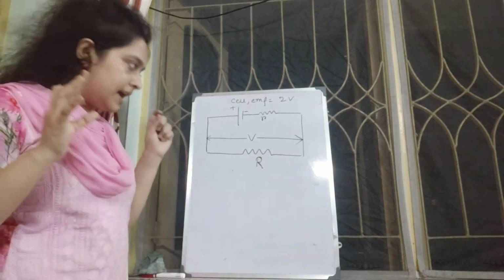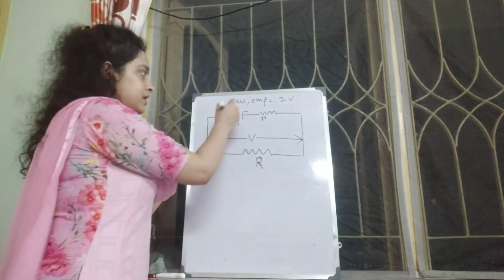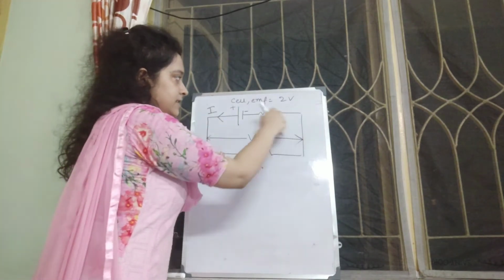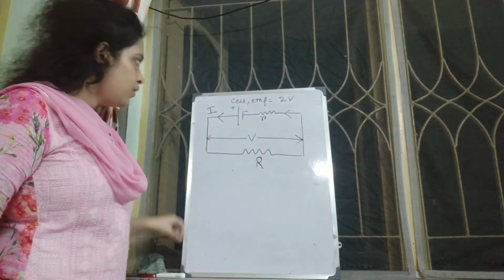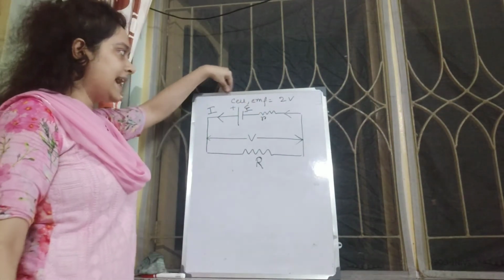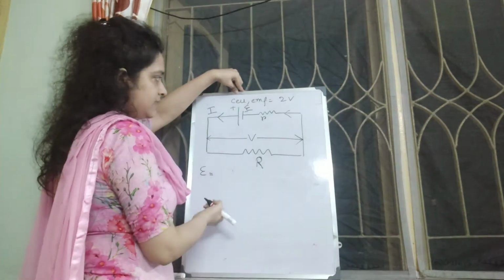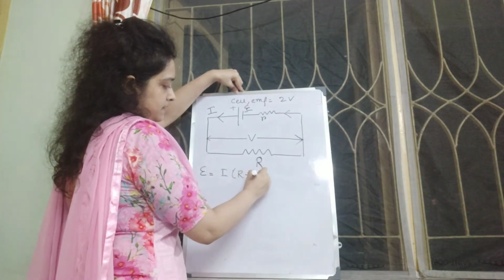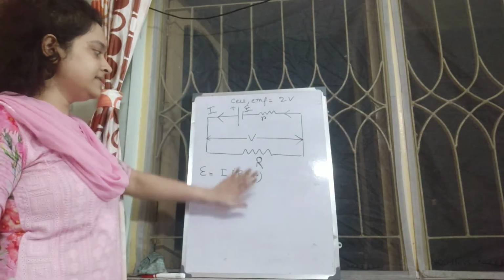Now as soon as I have connected this, current will start flowing. The same current flows through this, right? So that means this is equal to I times the total resistance.